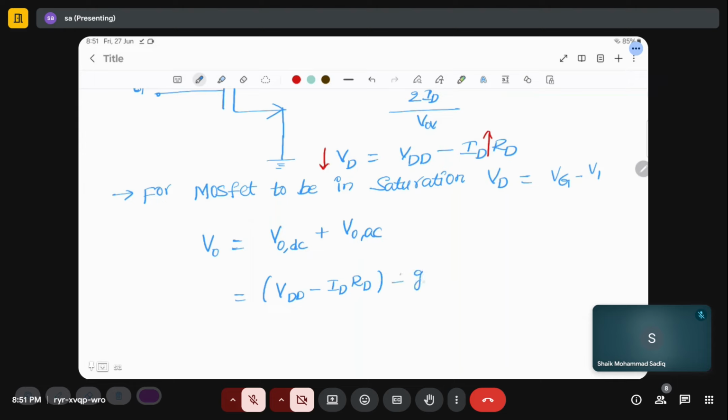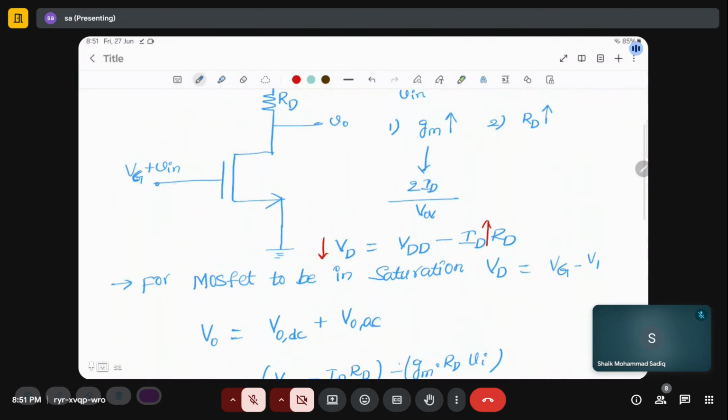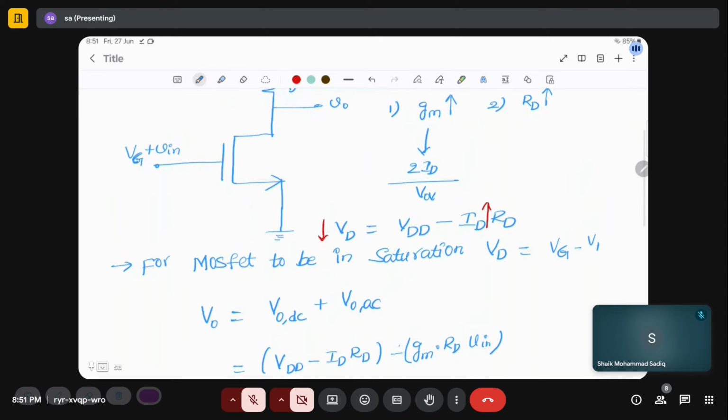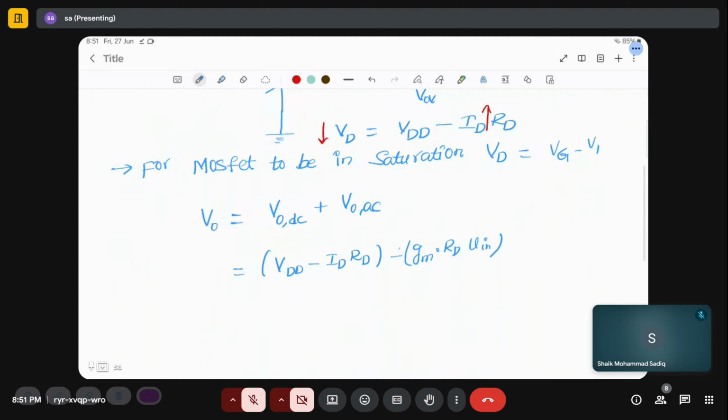V naught AC is minus gm RD times Vin. You are giving input Vin, so the output becomes minus gm RD times Vin. So if I increase ID, V naught decreases.